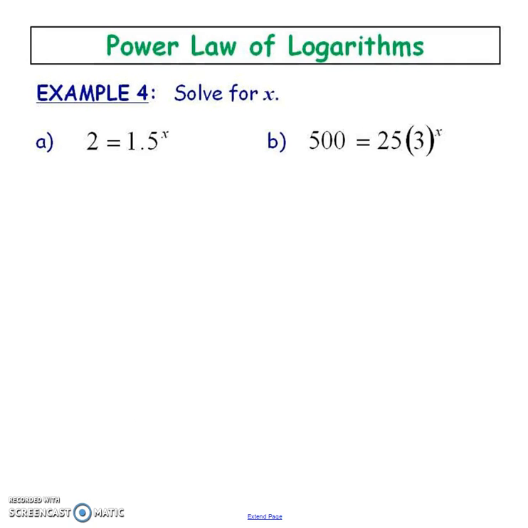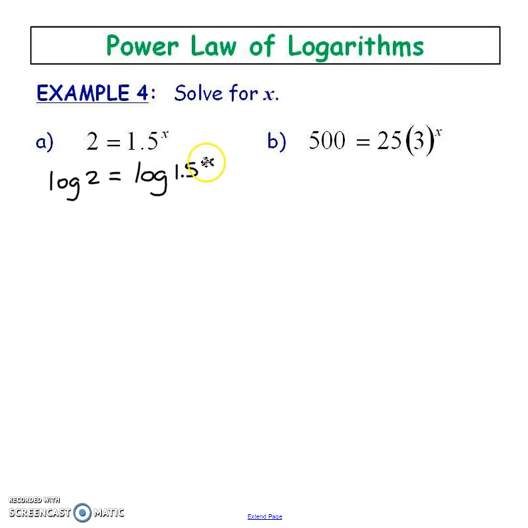All right, let's try that next example now. These are all in exponential form, so we have to put it into log form to figure it out, because I don't know what power of 1.5 gives 2. All right, so kind of like that warm-up that we did in the previous video, let's log both sides. Okay, so log of 2, log of 1.5 to the power of x.